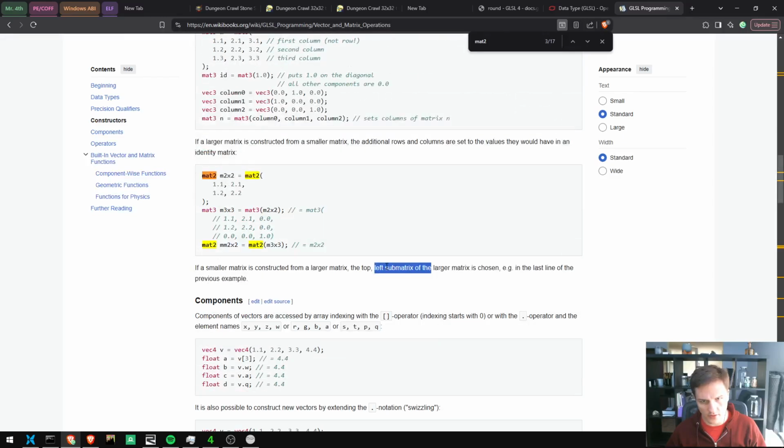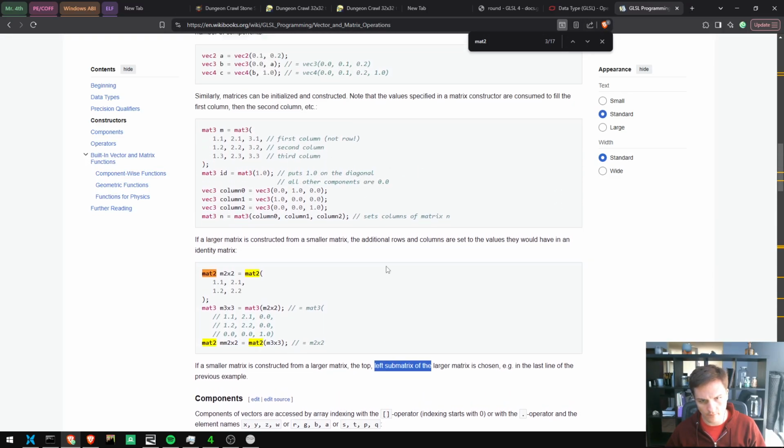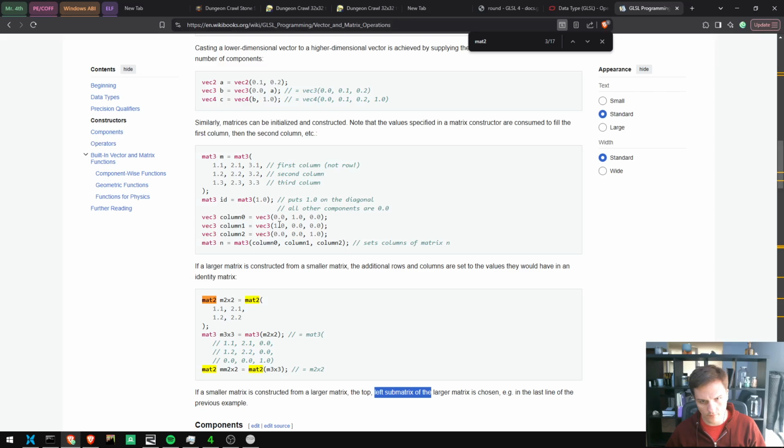Nothing about constructing matrices from vectors, though. Here it is, mat, column, column, column.